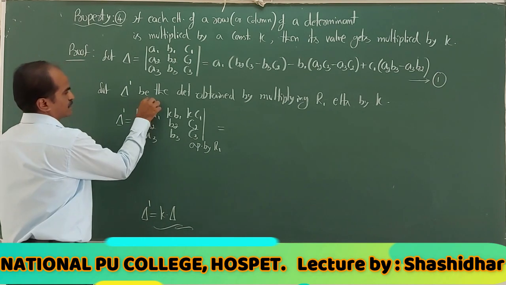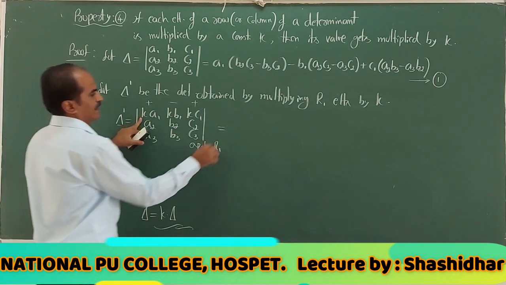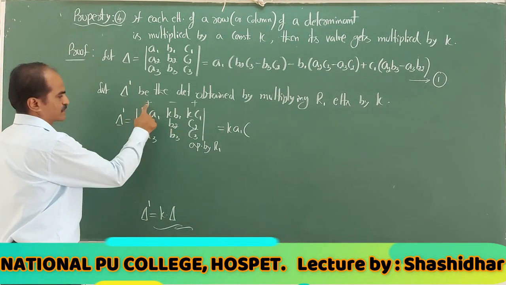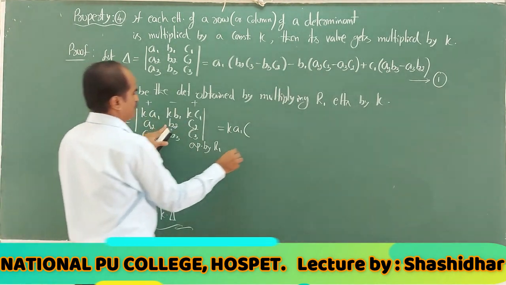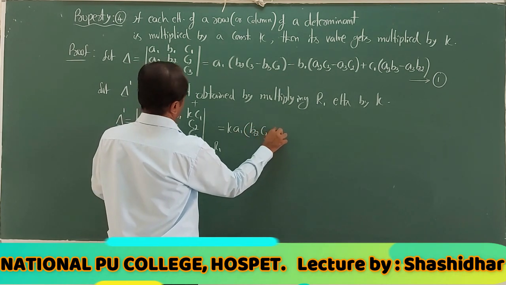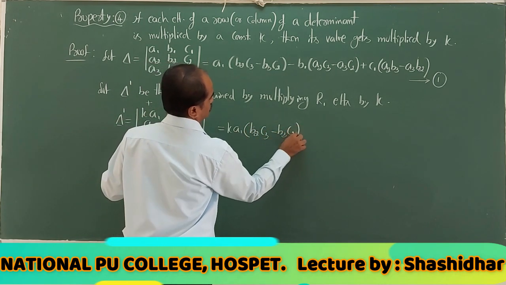What are the signs? Plus, minus, plus. KA1 into leave first row, first column, B2 C3 minus B3 C2.